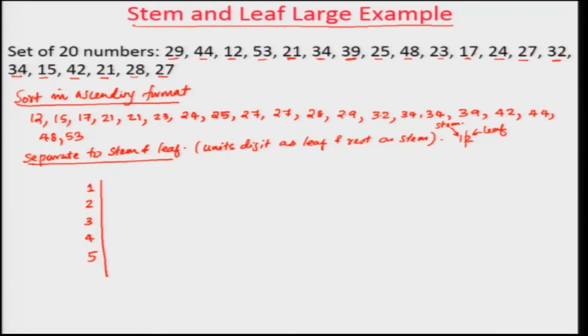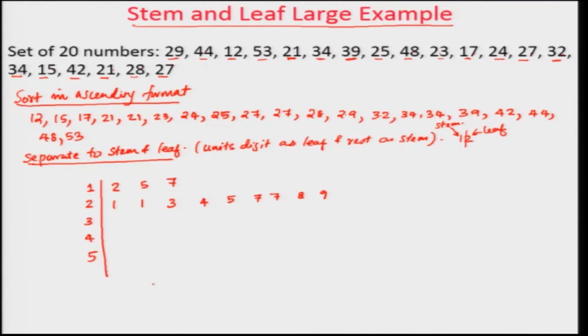Okay. And in stem 1 the leaves are 2, 5 and 7, and in stem 2 the leaves are 1, 1, then you have 3, then you have 4, then you have 5, then you have 7, 7, 8 and 9. Okay.